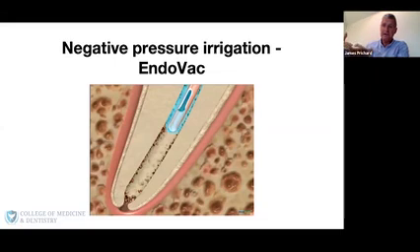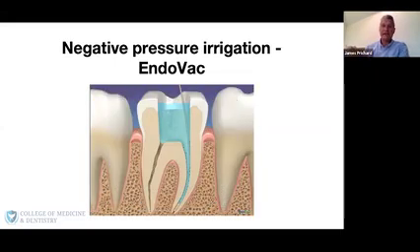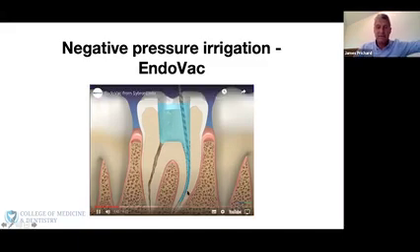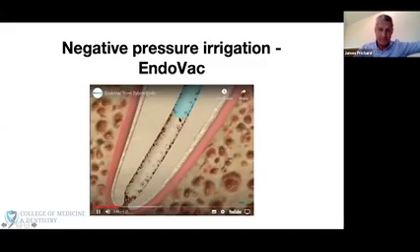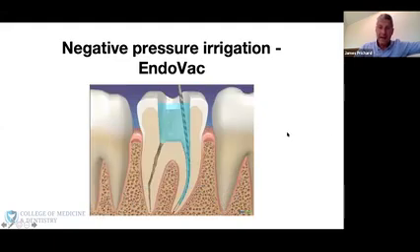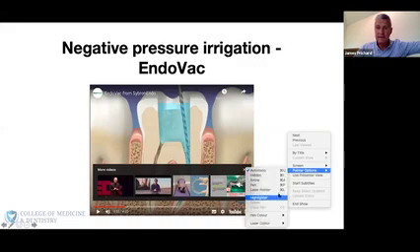Now, negative pressure irrigation is an incredibly safe way of delivering irrigants into the root canal space because we're not injecting it. And if we're not injecting it, then we're not creating a positive hydrostatic pressure, which means we're keeping safe apically. Again, because if you look here, you can see the apical airlock. Even with instrumentation here, the apical airlock can still exist.